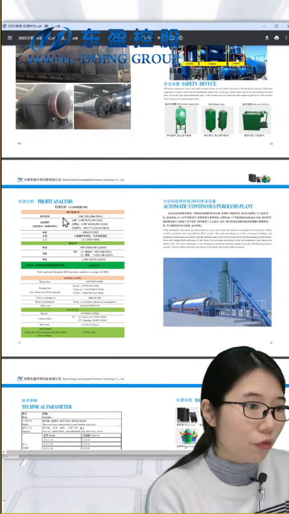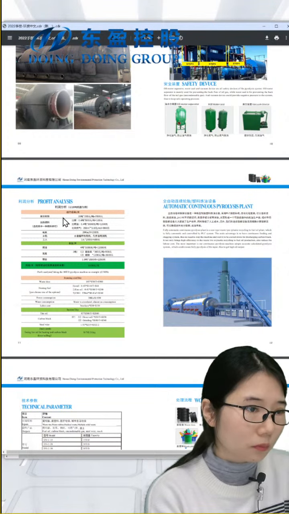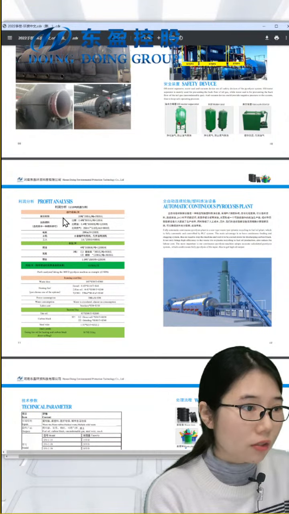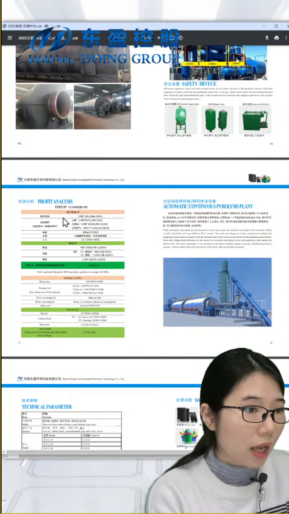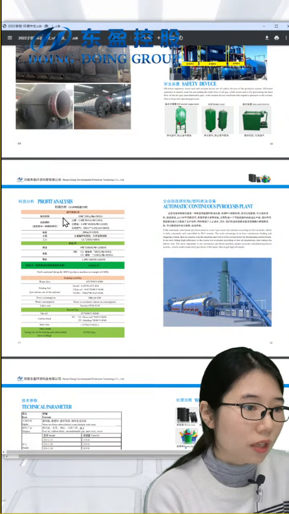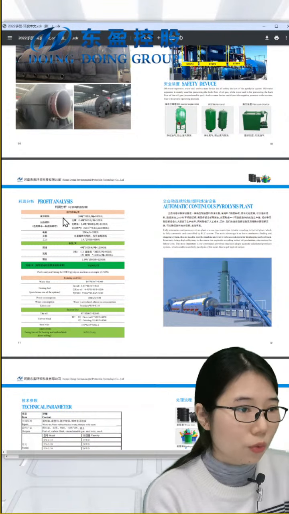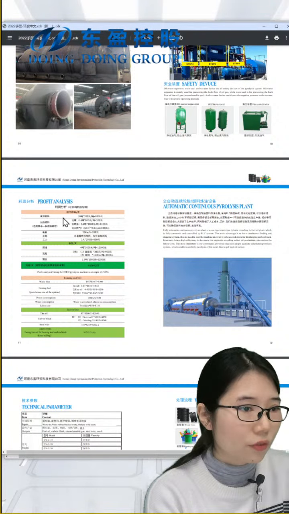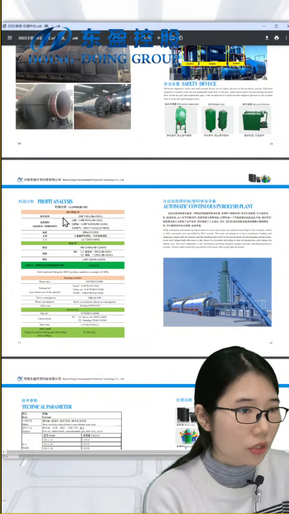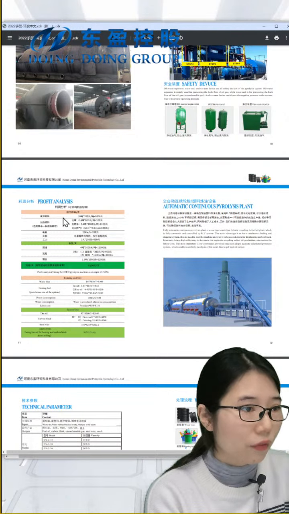Just like if you use the produced pyrolysis oil to heat the machine, and the pyrolysis oil price is about 3,000 Chinese yuan per ton, it will cost you 1,200 Chinese yuan per day for the extra heating fuel.